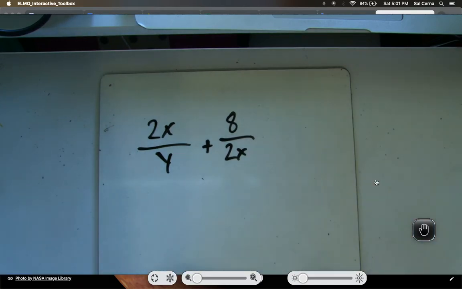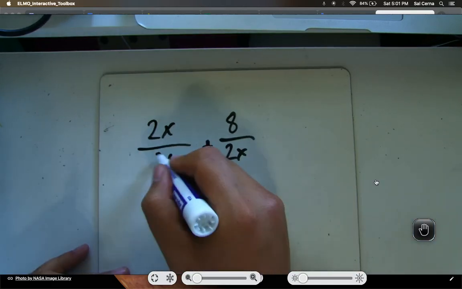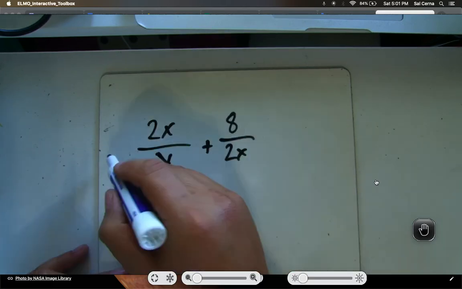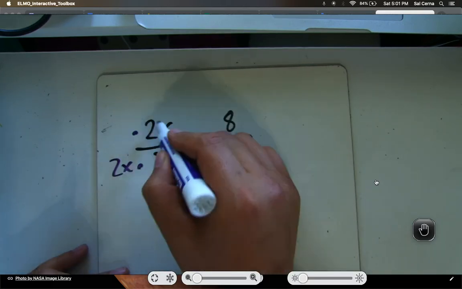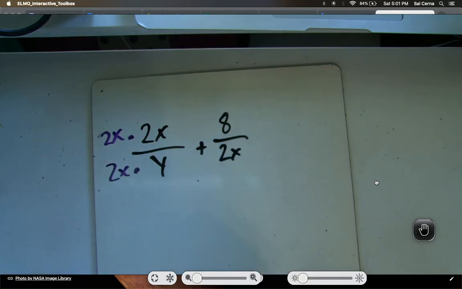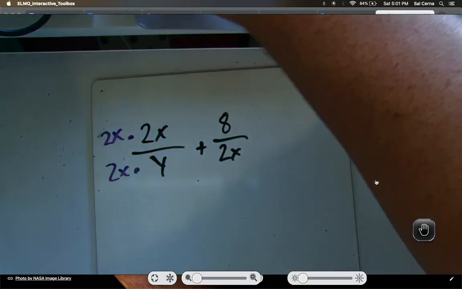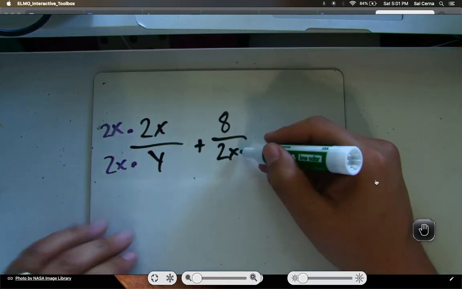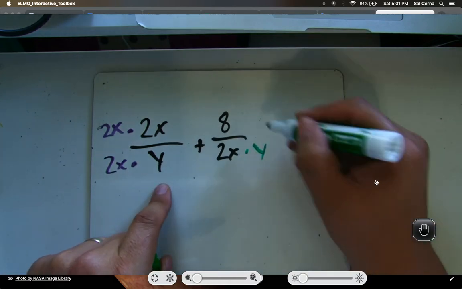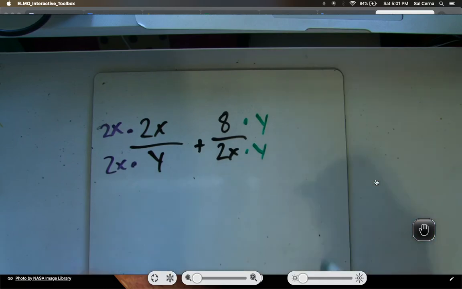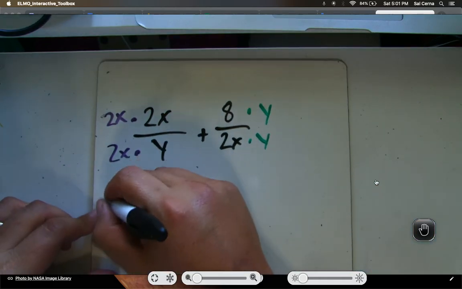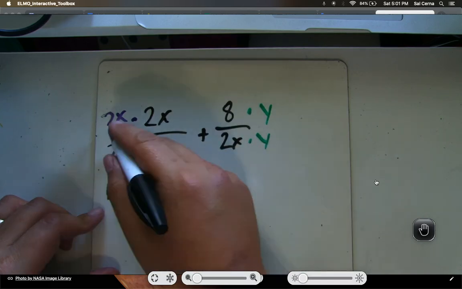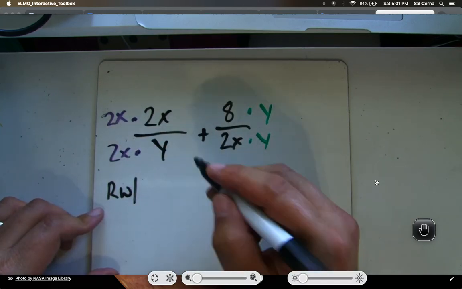Now I'm going to use a little bit of color. This term, y, is multiplied by this term, 2x. That means the numerator has to be multiplied by 2x. Same can be said for 2x. It's going to be multiplied by the term y. That means the numerator, 8, is multiplied by the term y. And when I do that, I'm given a new expression.